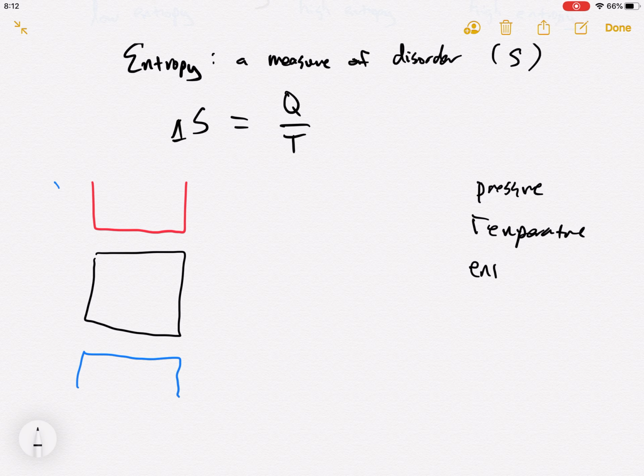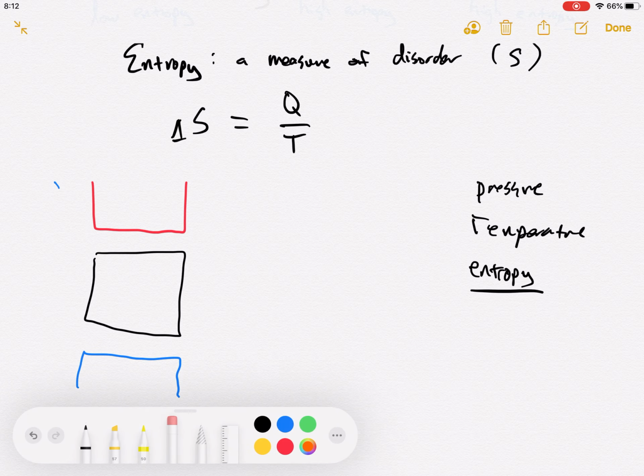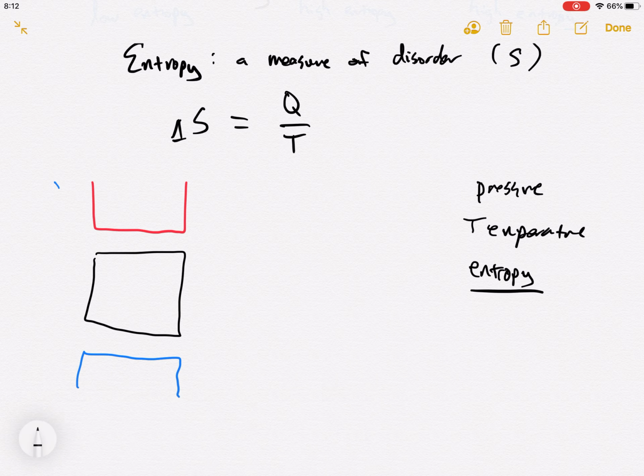Entropy is also a state variable, and that means in a cyclic process, I need the system to come back to the original entropy. It means delta S for the entire system, the entire cycle, needs to be 0.